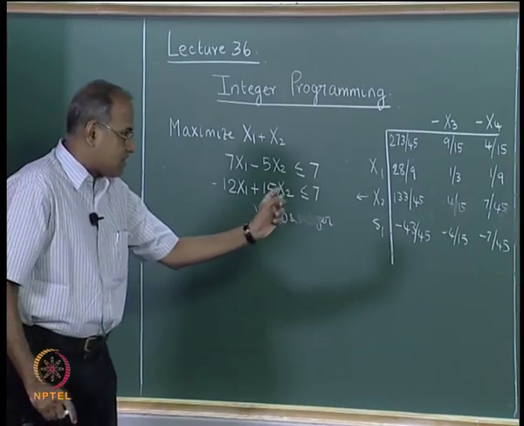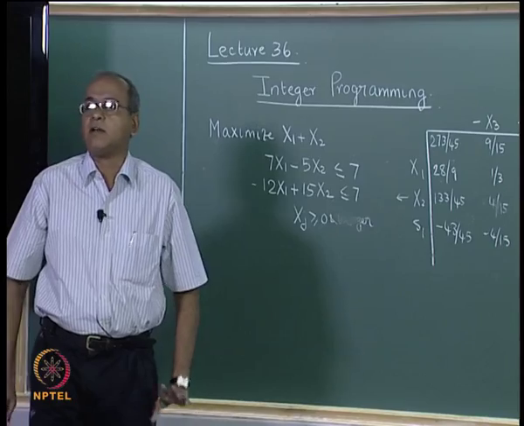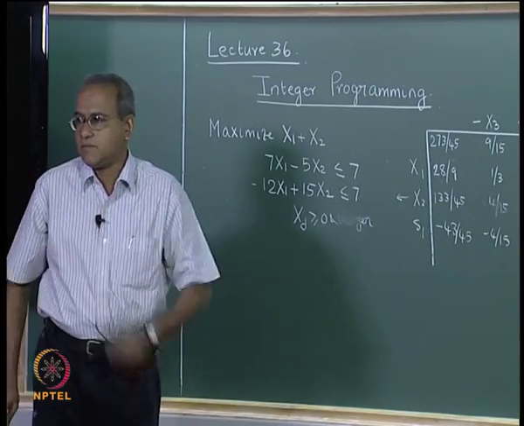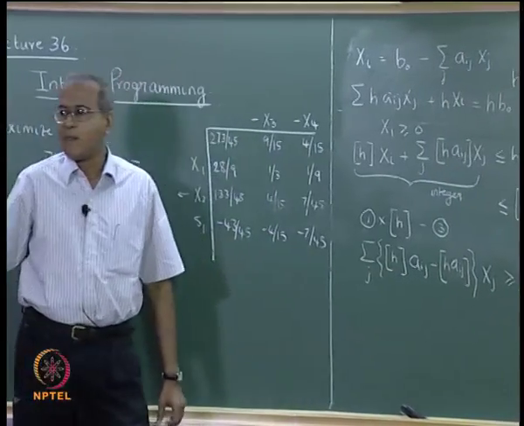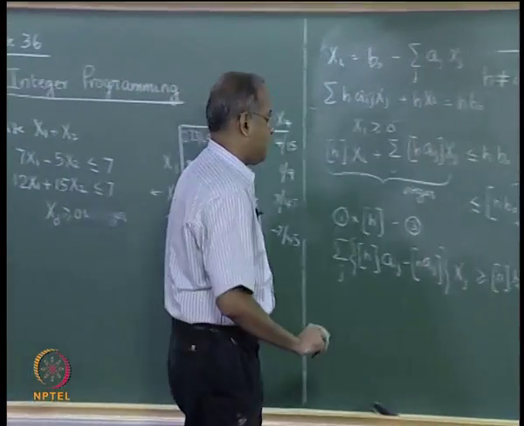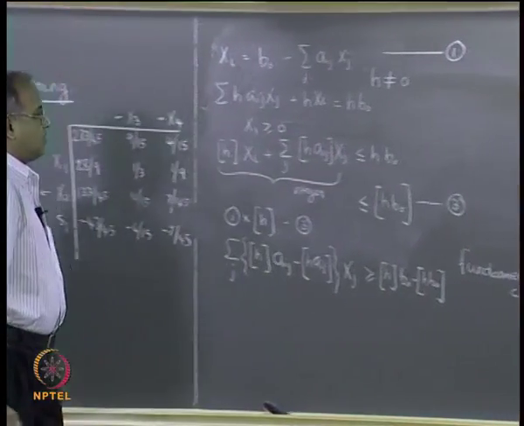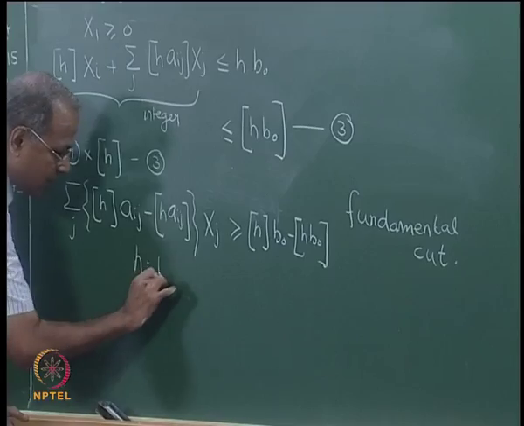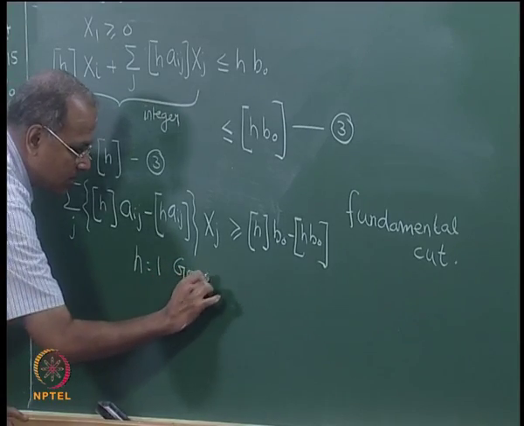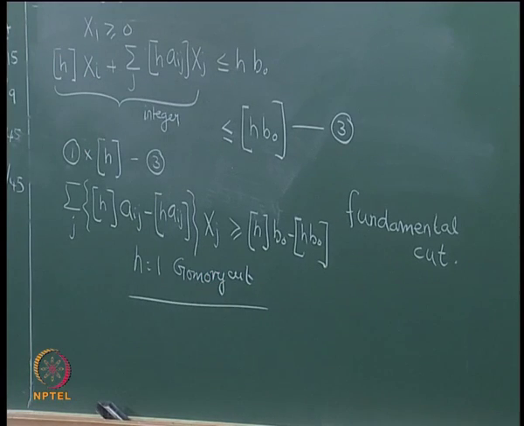Now different values of h would give us different cuts depending on the algorithm that we are using. So now let us try and look at the Gomory cut from this. Now when you look at the Gomory cut from this, you realize h equal to 1 will give you the Gomory cut.